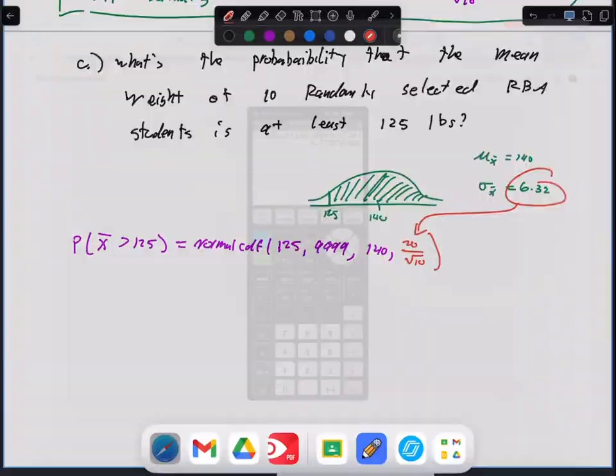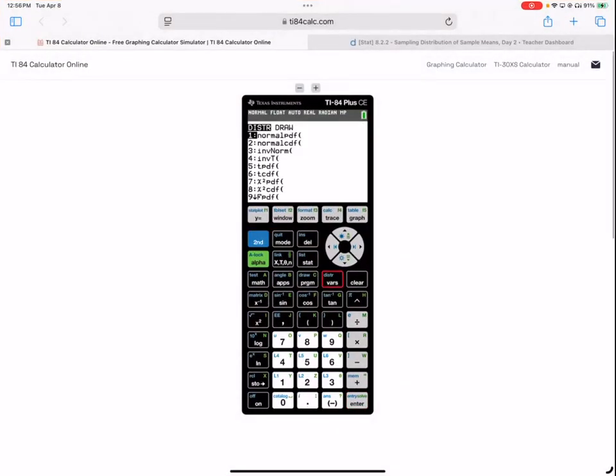The only difference between question A and question C is the standard deviation being now 20 over the square root of 10. And there's my answer, 0.991.